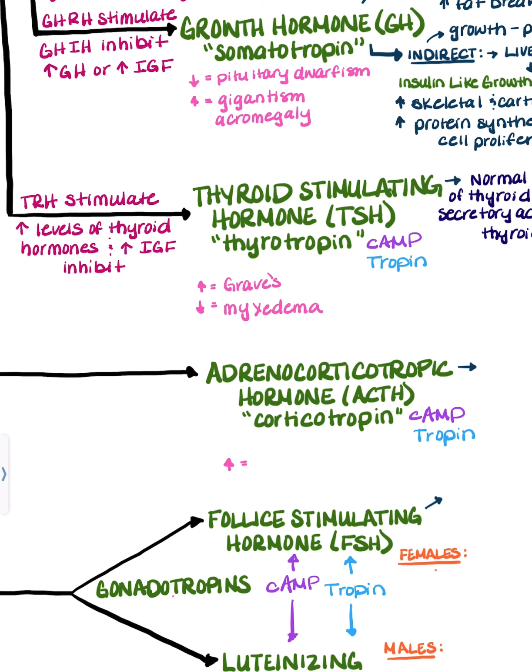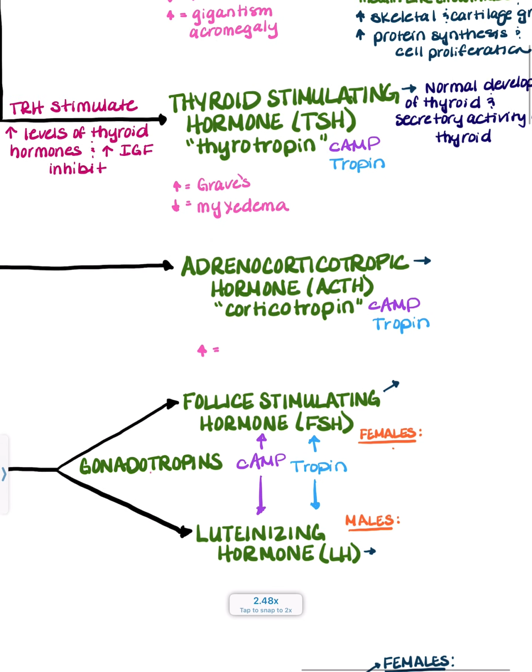I'm not going to talk about what these are right here. I'll mention them when we talk about their outcomes from the thyroid hormone itself. So those are the two results. Let's move on to the next one.